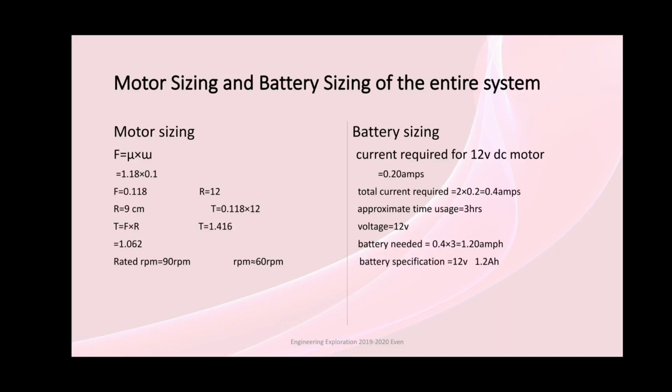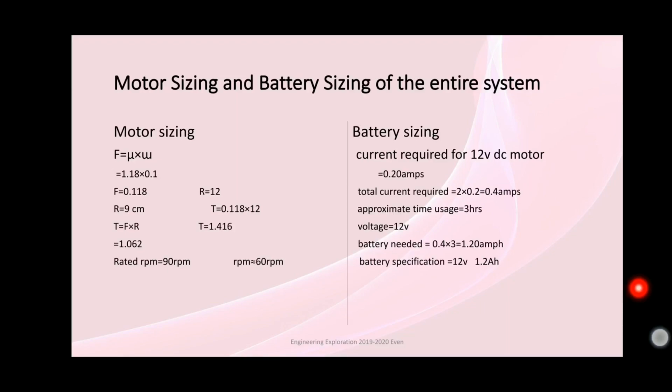So the rated RPM for the first DC motor is 90 RPM. For the second DC motor, the force remains the same and the perpendicular distance is 12 centimeter. So the resulting torque is 1.416 Newton centimeter. So the rated RPM for the second DC motor is 60 RPM.